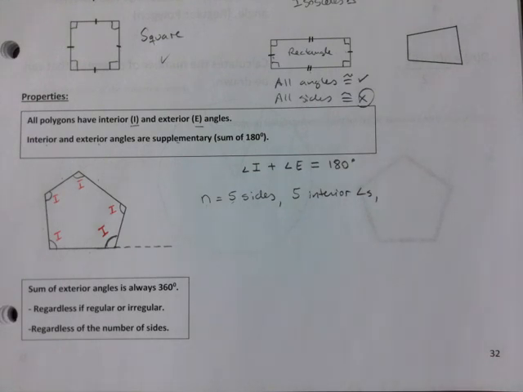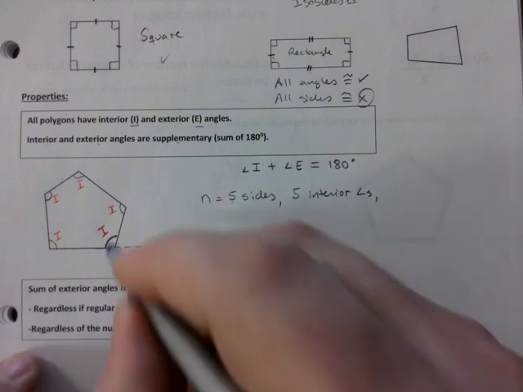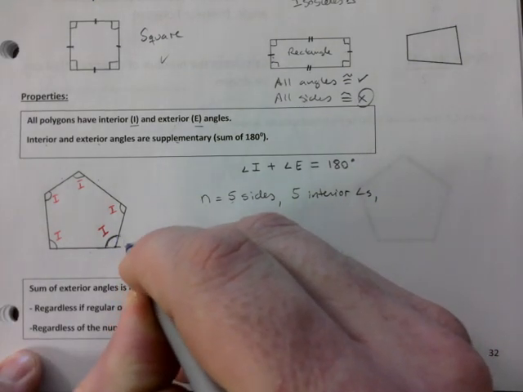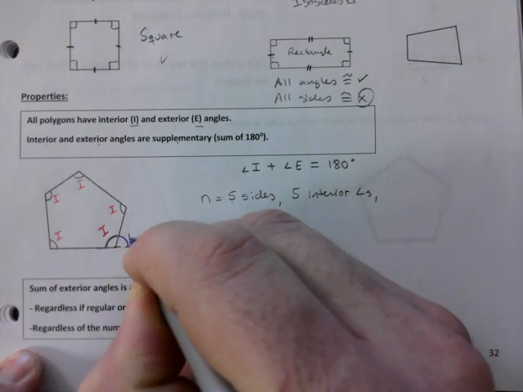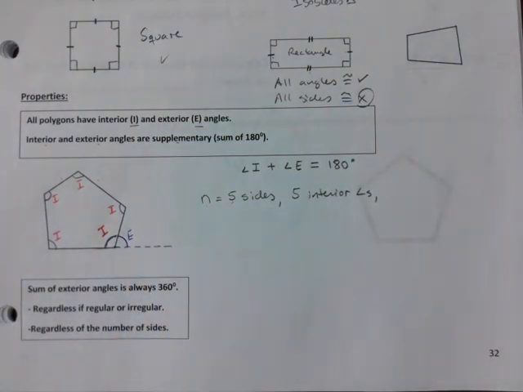I'm going to use our blue pen for this one. That angle formed here, that's what we call the exterior angle. You can tell that they add up to 180, can't you? It's a straight angle between the 2.